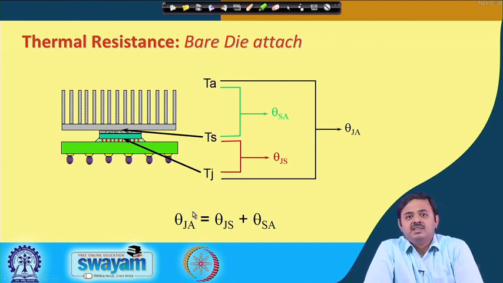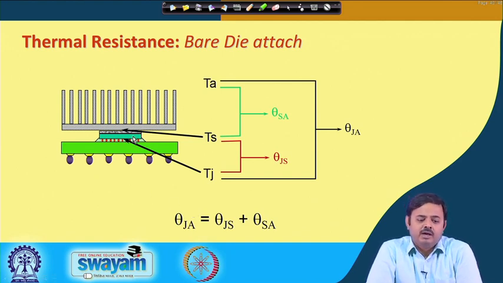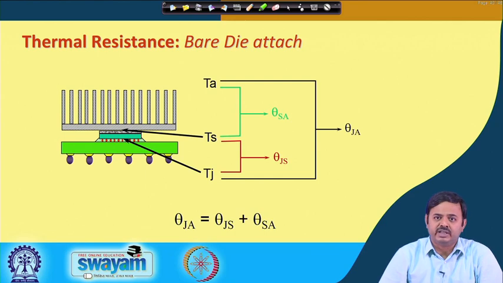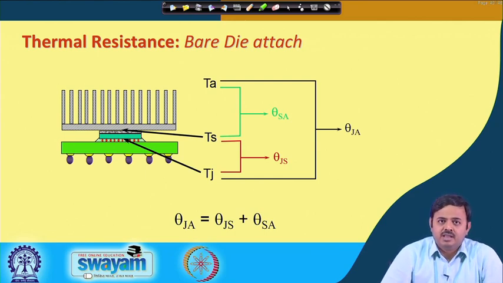let us say I say it is 3 degrees C per watt. And then I tell you that my ambient condition is 30 degrees and my Tj cannot exceed 90 degrees C, Tj max is 90 degrees C in an ambient of 30. Then what is the maximum Tj minus Ta I can have?